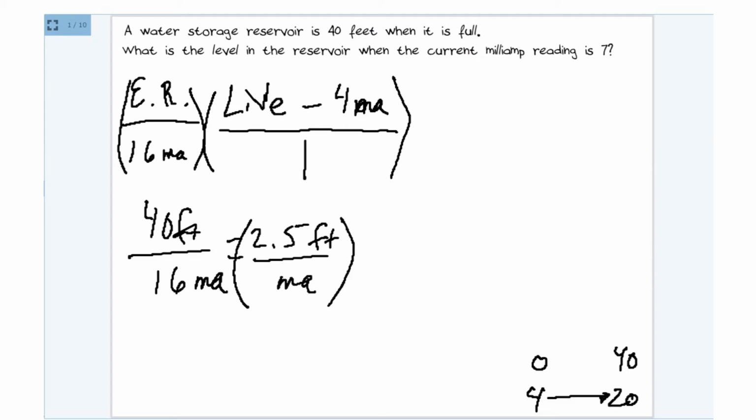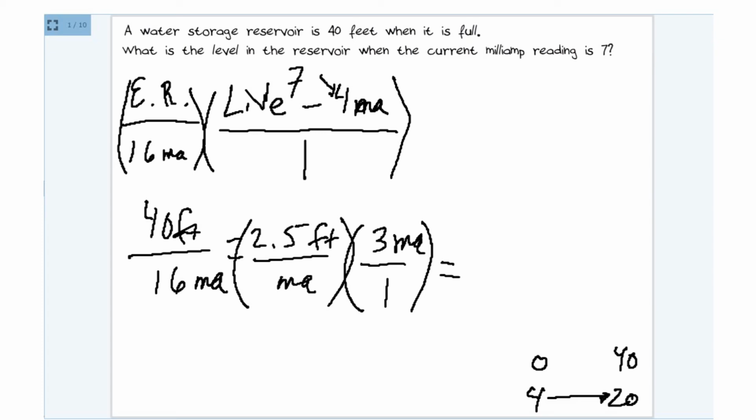And then our live signal on the top is 7. So the difference between 7 and 4, here's 7, and there's our 4, is 3. Let's keep our units of measure, milliamps, over 1.